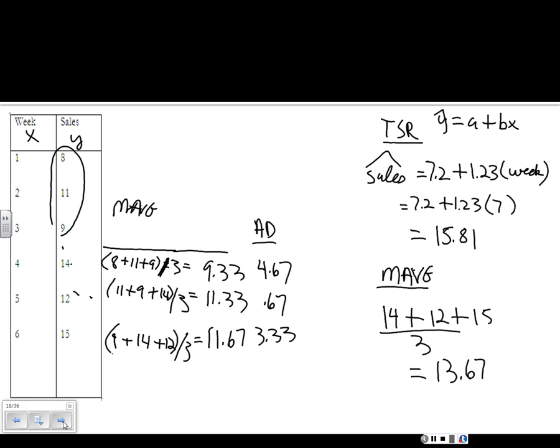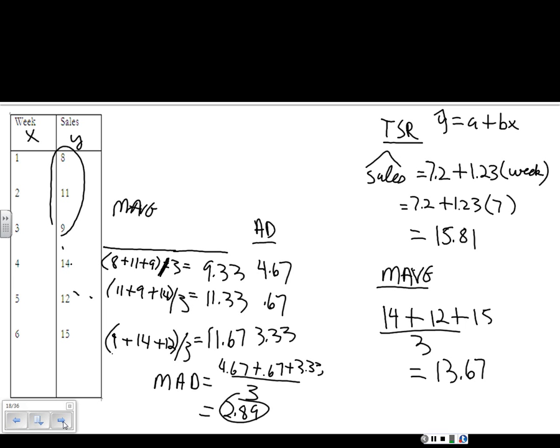And so for this model, the MAD, the mean absolute deviation, is going to equal 4.67 plus 0.67 plus 3.33, all of that divided by 3, and that's 2.89. So that's just the average amount you would have been off in your forecast had you been using them to forecast in weeks 4, 5, and 6, using the data that was available at each of those times.